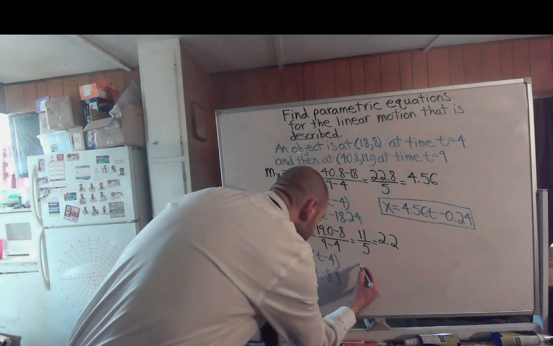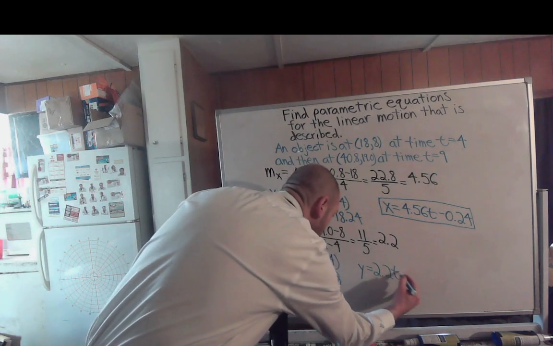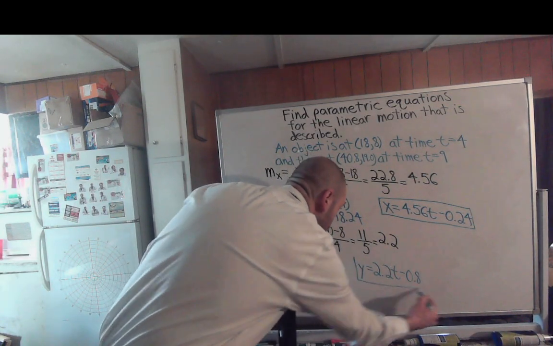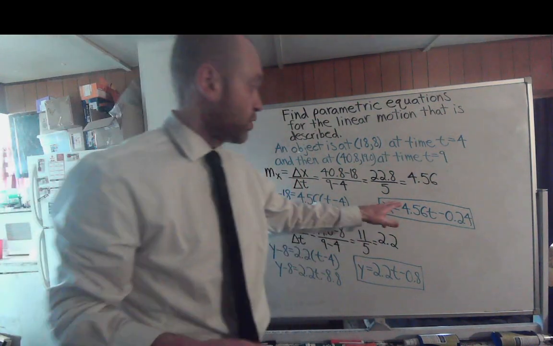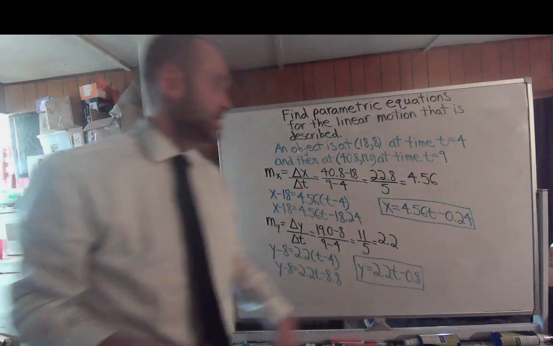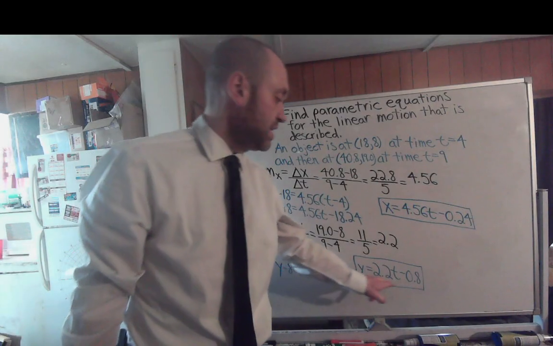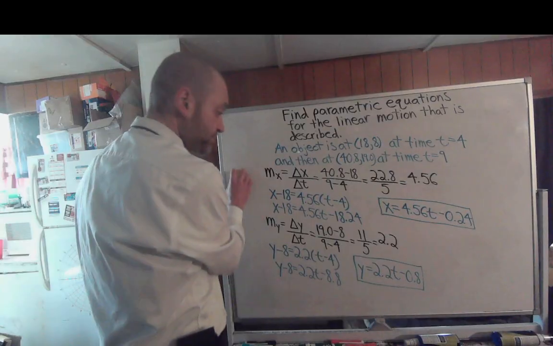So then y would equal 2.2t minus 0.8. So the two parametric equations you should get are x equals 4.56t minus 0.24 and y equals 2.2t minus 0.8. And I got one more, then we're done.